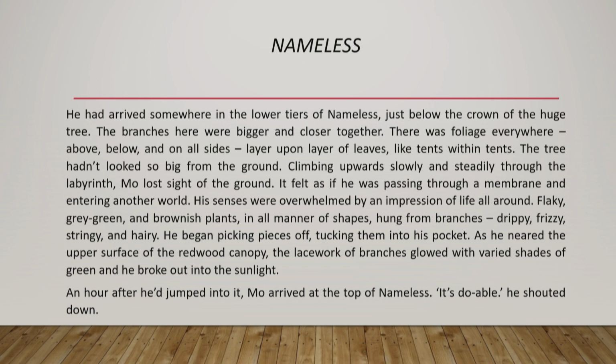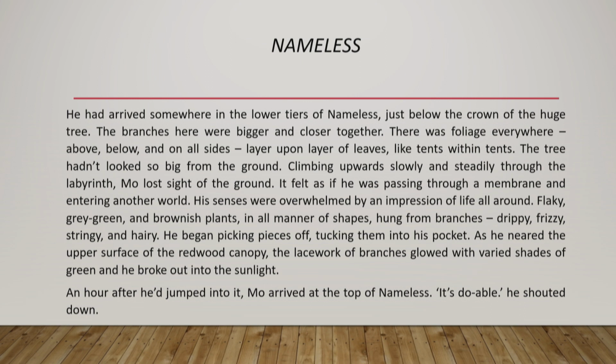The tree hadn't looked so big from the ground. Climbing upwards, slowly and steadily through the labyrinth, Mo lost sight of the ground. It felt as if he was passing through a membrane and entering another world.